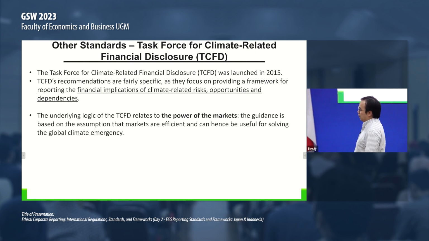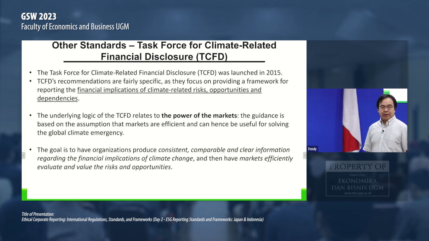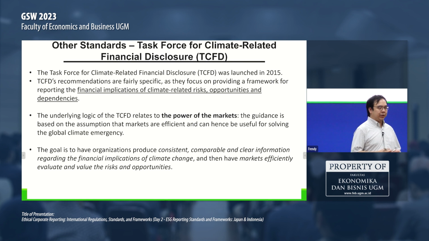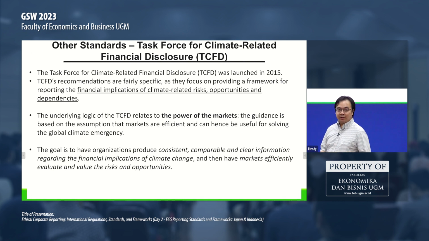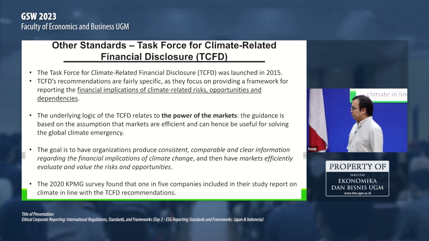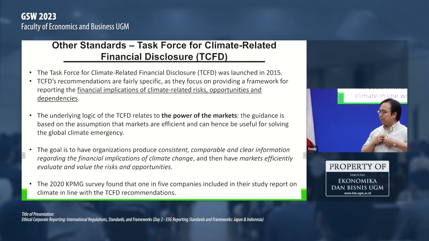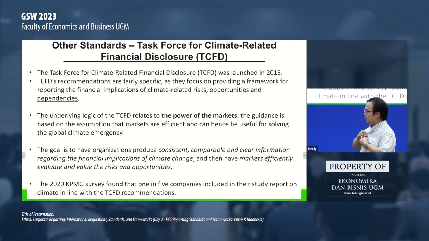So that's the main goal: how companies can provide relevant information to investors, on all aspects of the operations that could affect climate-related risk. So, you can see from the report by Fiji 2020, only 1 out of 5 companies so far implement this standard.